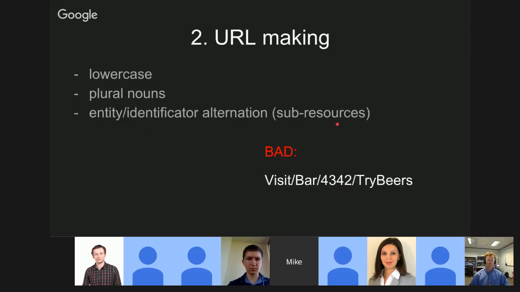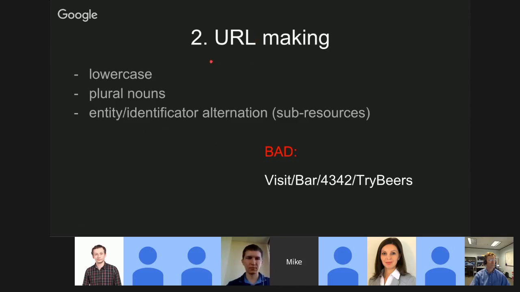So let's go to the next one, URL naming. Because an API actually contains just a list of endpoints. It's like the interface of your server application. So the names of these endpoints should be simple, should always be the same, should be consistent, as I say.